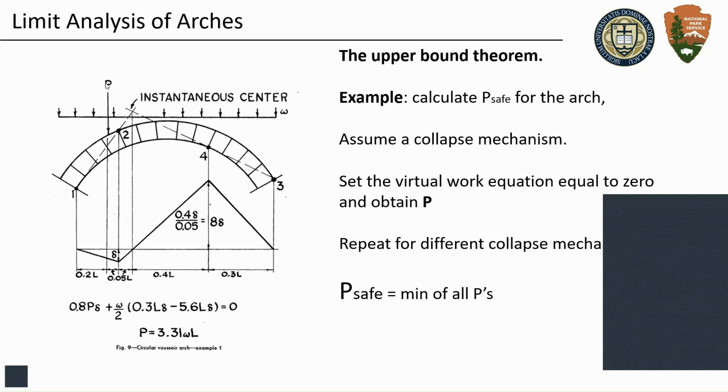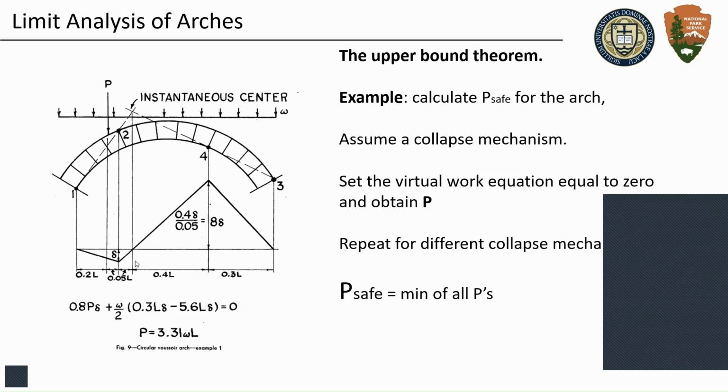So let's say this load P will have to undergo this much displacement here. But to do so, because the arch is so heavy, this section of the arch here wants to push upward, but you have so much weight on top of it that the amount of work it takes for that weight to do that work is huge.